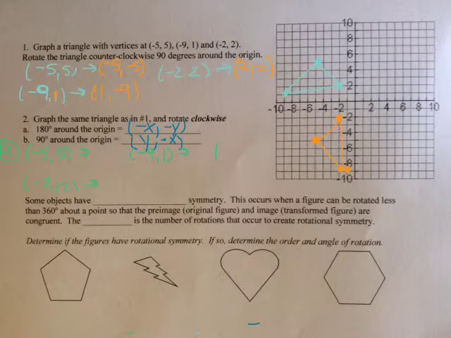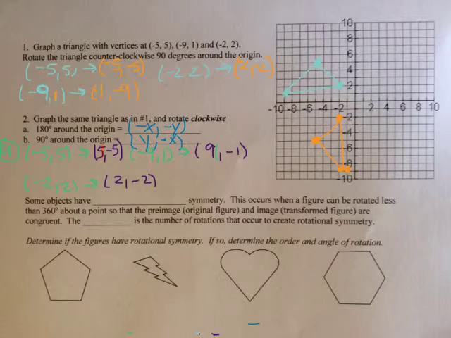Okay, because it's 180, we just change the sign, so -5, 5 becomes 5, -5. The signs flip. 9, -1, the signs flip, and then 2, -2. So we plot those.